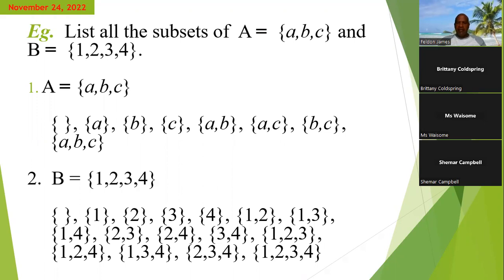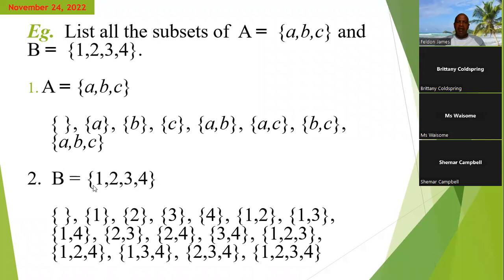Now, there's a relationship between the number of subsets you obtain and how many members are in the set. The number of members in the set can help you determine how many subsets you're supposed to get, because there's a formula that relates the two. For the set A, you have 3 members and you end up with 8 subsets.